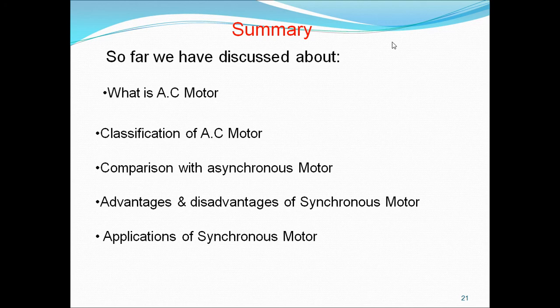It can be used as a synchronous condenser, which is used to improve the power factor. Another feature is it requires both AC and DC supply, and the construction is complicated. And what is another feature? It needs special arrangement for starting, as it is not self-starting.